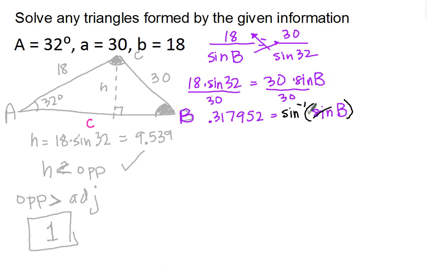Anytime we're trying to find an angle using law of sines, we will always take the inverse at the end, the inverse sine in this case. And inverse sine of 0.317 means my angle B is equal to 18.5 degrees when I round to 1 decimal place.